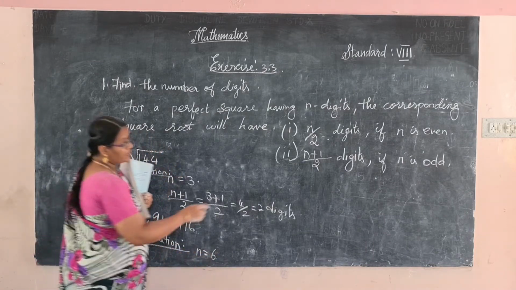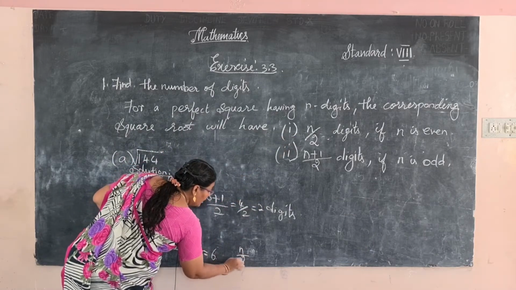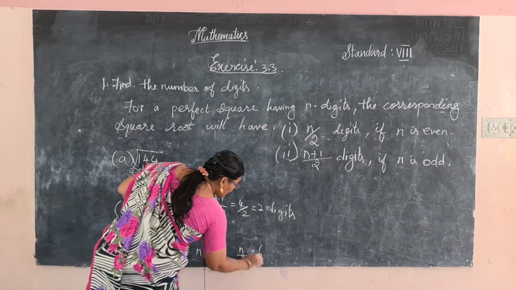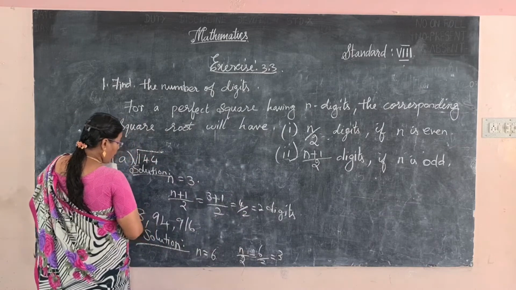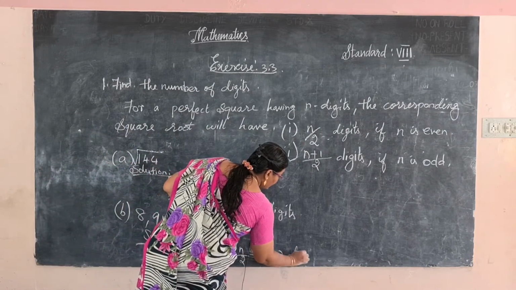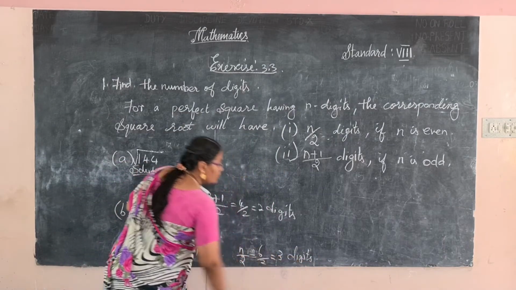For an even number of digits we use the formula n by 2. What is the n value here? 6. So 6 by 2 is equal to 3. So the square root of this number has 3 digits.